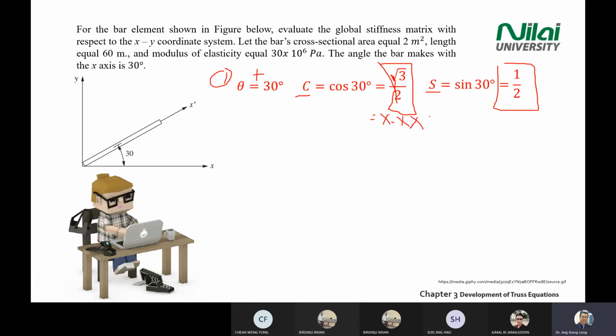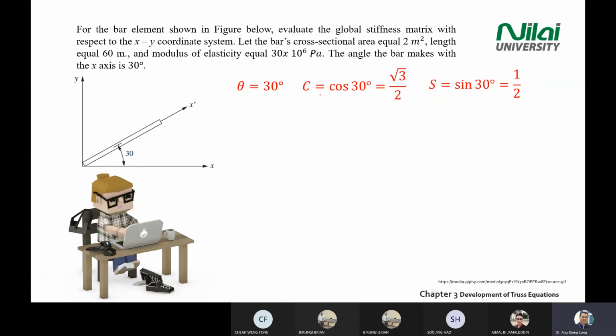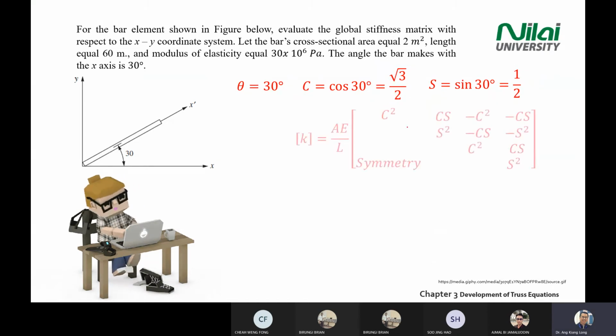I would recommend 4 for this particular chapter, if you're not able to write the fraction format from your calculator. Your calculator has a function that can convert decimal to fraction. If not able to, then just use the 4 decimal place number in your answer for accuracy. So once you calculate the cos and sine, you recall your K.